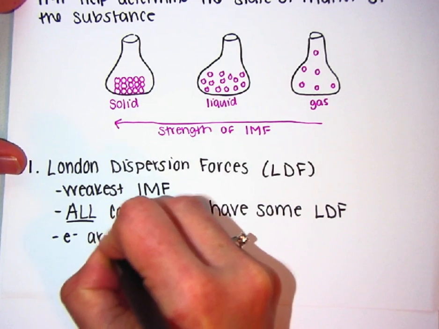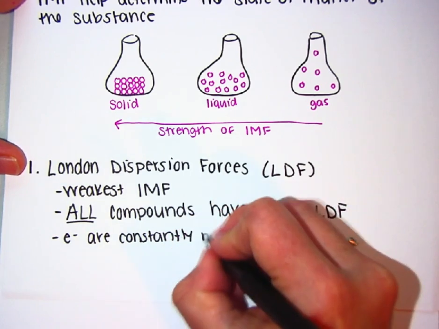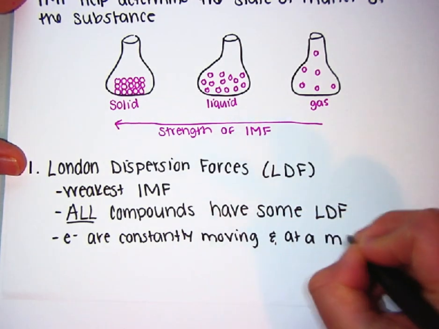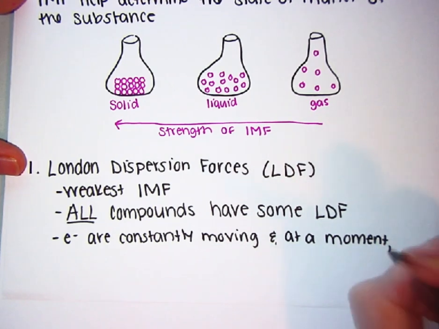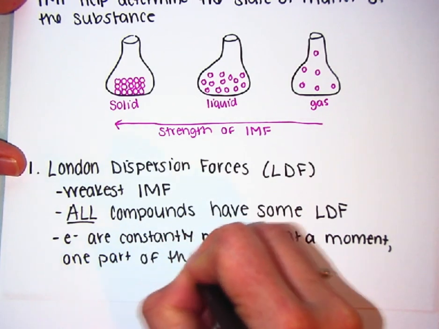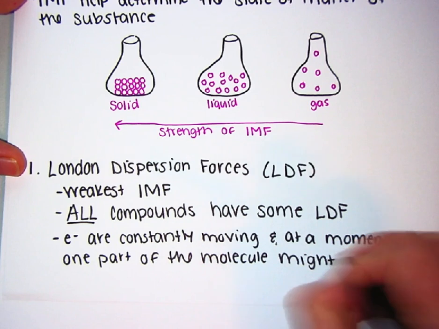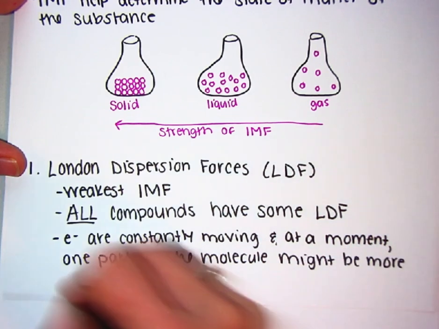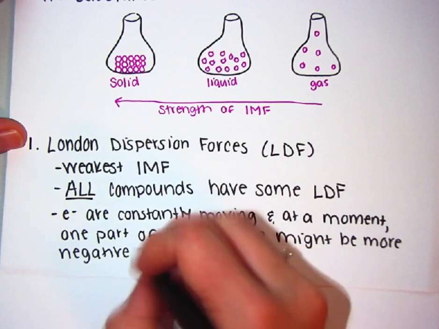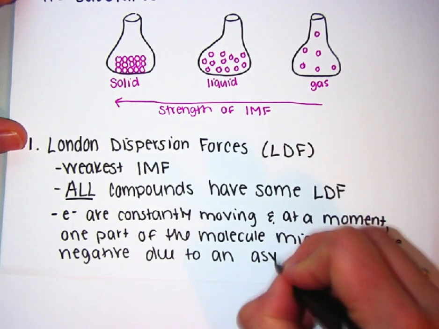So we know that electrons are constantly moving. And let's say at a particular moment, one part of the molecule might be more negative due to an asymmetrical distribution of electrons.